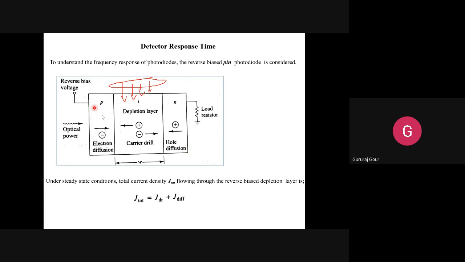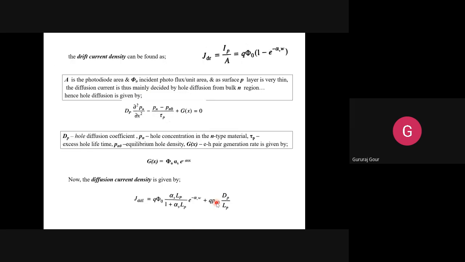Diffusion carriers in the P and N regions try to diffuse into the depletion layer because of the reverse bias condition. Another one, the carriers which are generated in the I region will try to drift away from the I to the P and N regions. So the total current density is equal to drift current density plus diffusion current density. Let us see how they will be given by the equations. No derivation as such. We have the equations and we have to explain their significance.